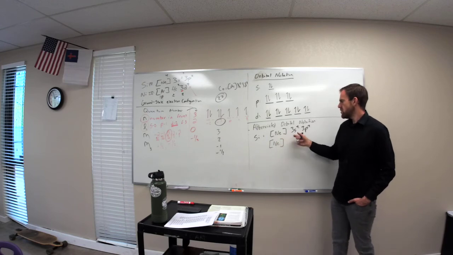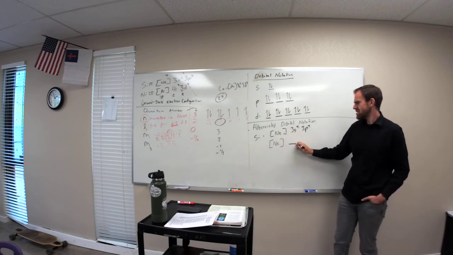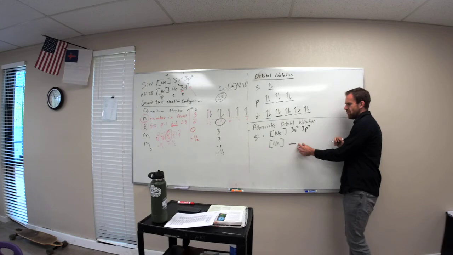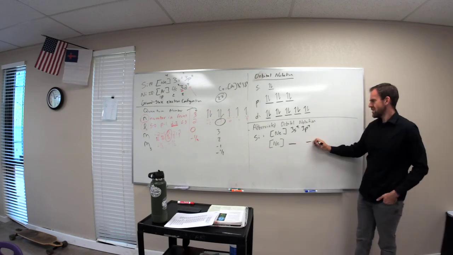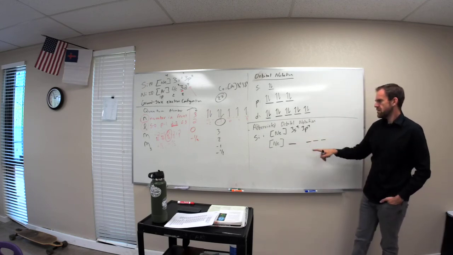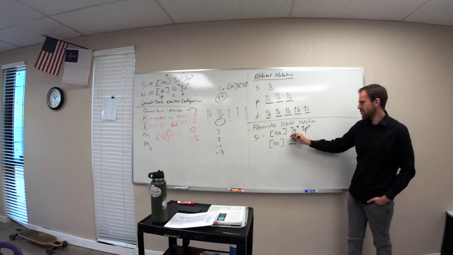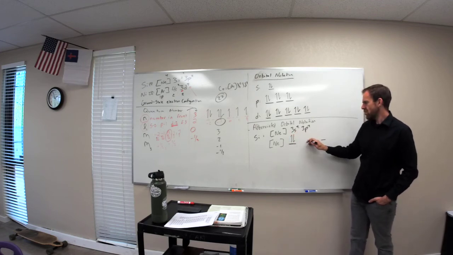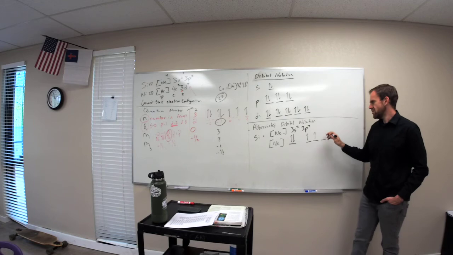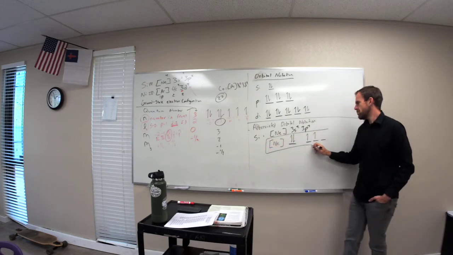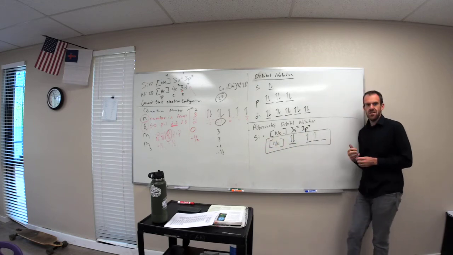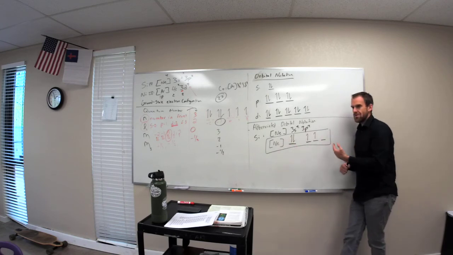Neon, an s orbital gets 1 spot, then I'm going to leave a little bit of room. P orbital gets 3 spots. The s orbital is completely full. The p orbital only has 2 filled. So that's your abbreviated orbital notation for silicon. You do everything after the noble gas.